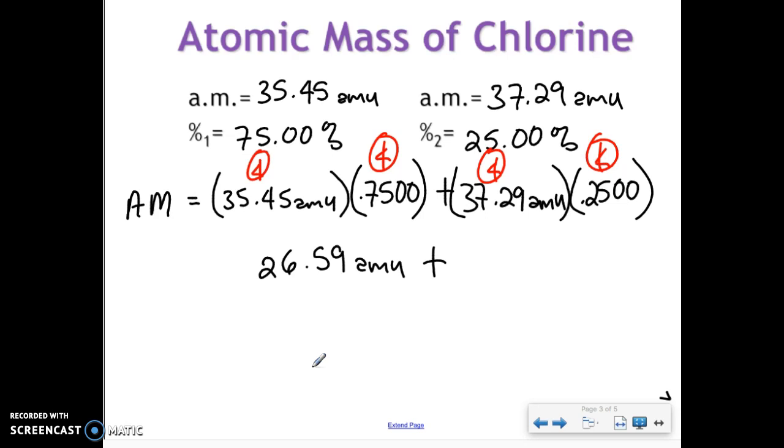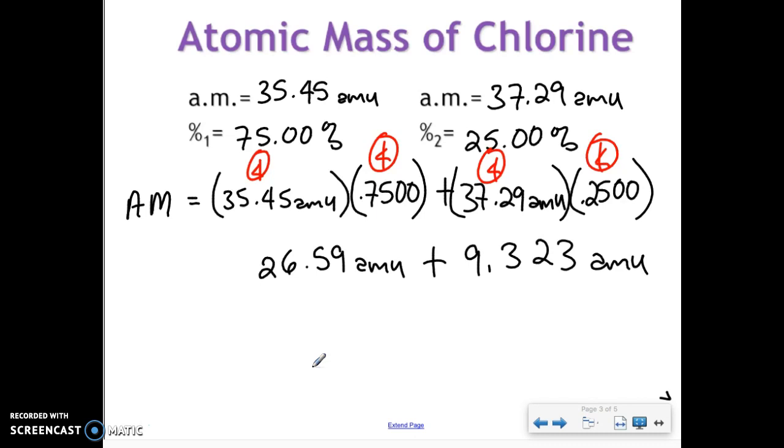But when I go to significant figures, I need 4. That's going to be 9.323 AMUs. You have to carry your units along. Then the last thing that we do is add those 2 atomic mass unit numbers together. That will give us the decimal number off of the periodic table, okay?